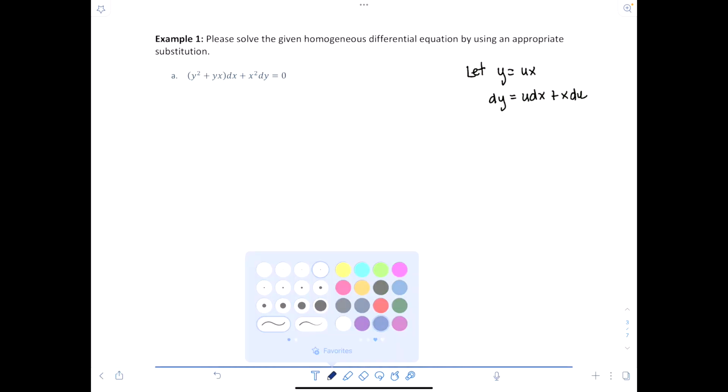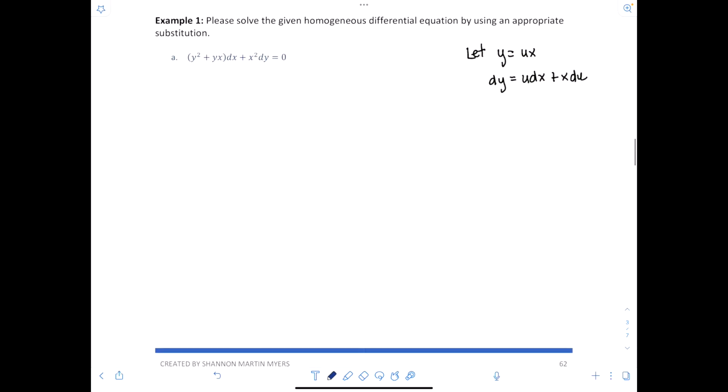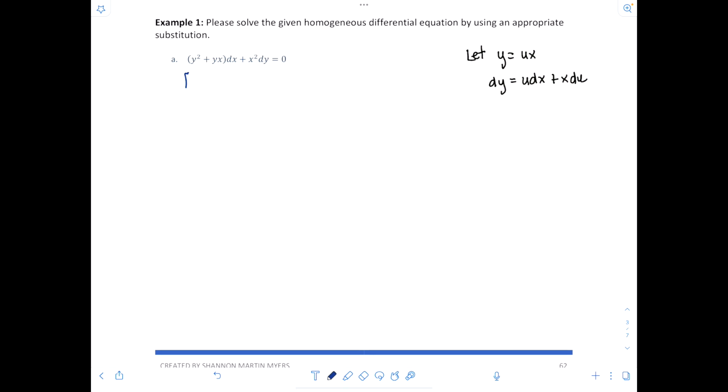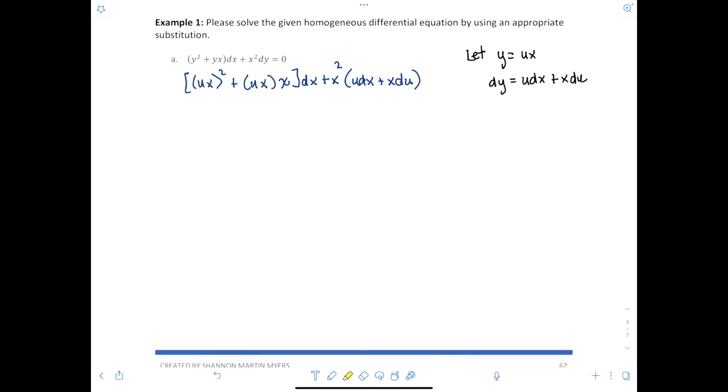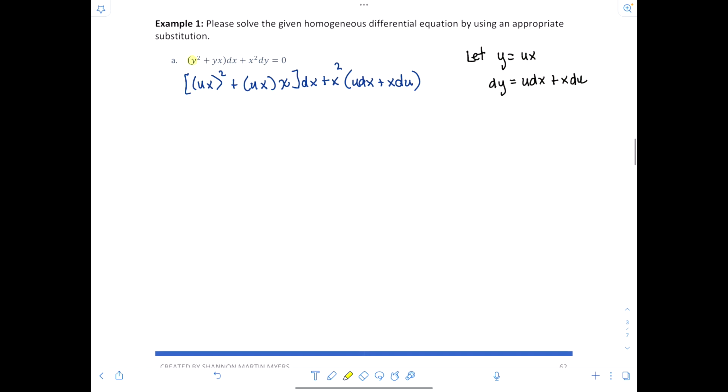So let's do it. We will have the quantity u times x, squared, plus u times x, dx, plus x squared times dy, which is u dx plus x du. In for y, I put u times x.